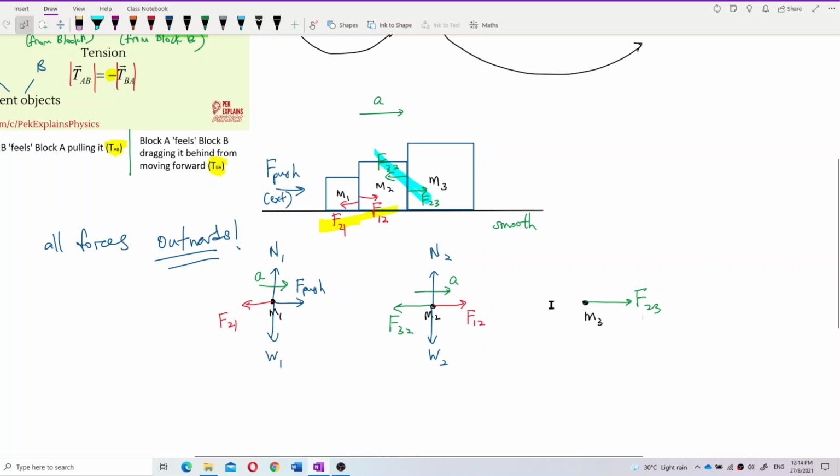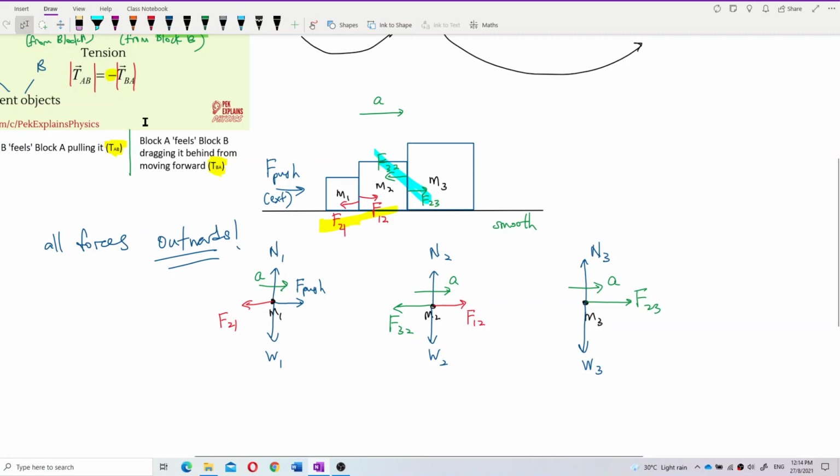Mass 3 only feels mass 2 pushing forward. And then it has its own weight going down, and a normal force going up, and the acceleration forward.